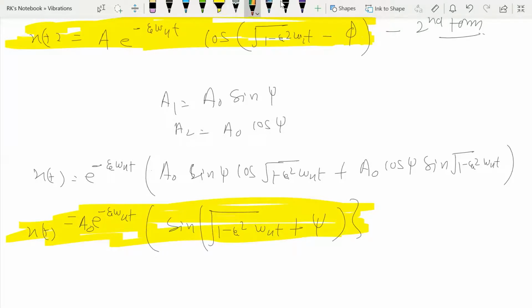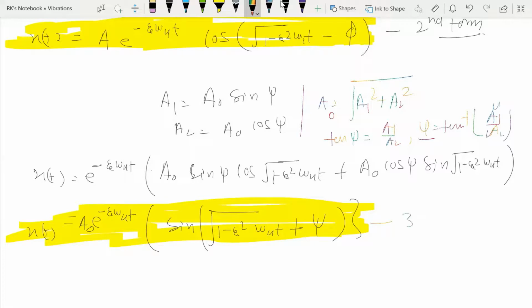So A naught can be found as the square root of A1 square plus A2 square, and tan psi can be found as A1 over A2, or psi equals tan inverse A1 over A2. So if we know the values of A1 and A2, then we can find A naught and psi also, right? So this is the third form.